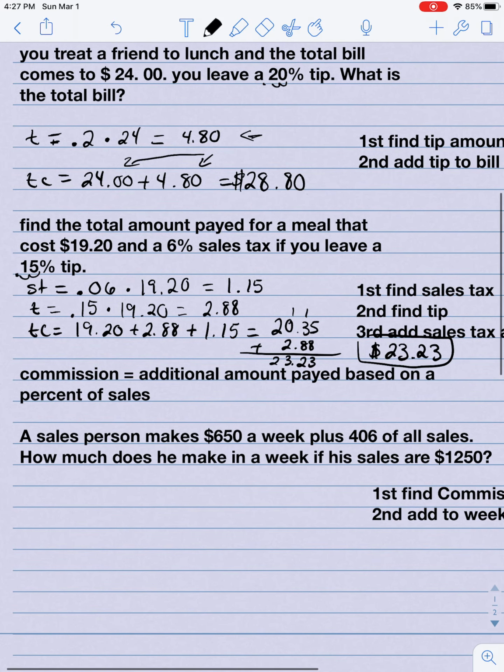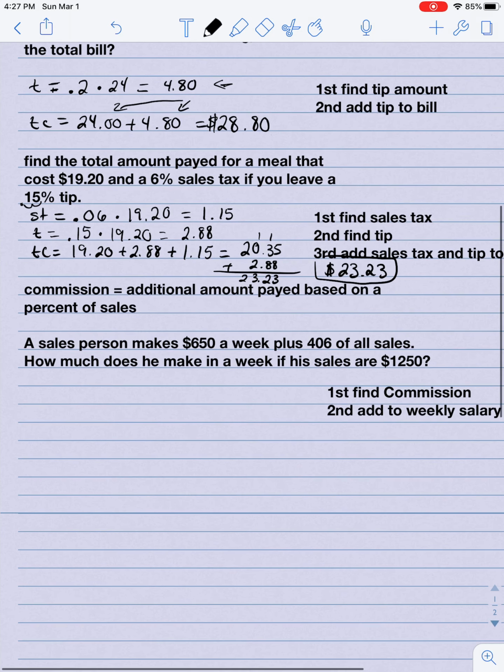Okay, last one, we're going to be looking at commission. So commission is an additional amount paid based on percent of sales. So realtors, they get a commission based on their sale. And that's usually how most of them just make their money.